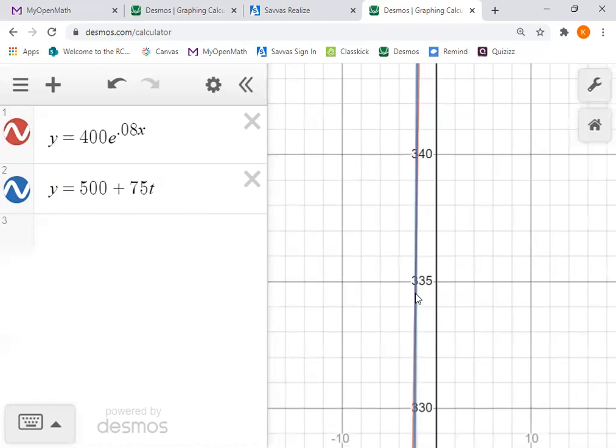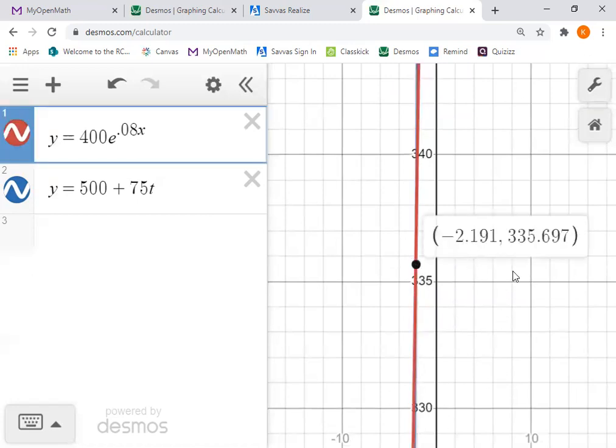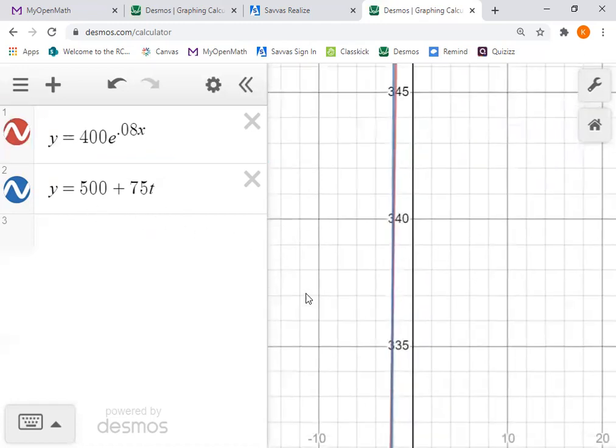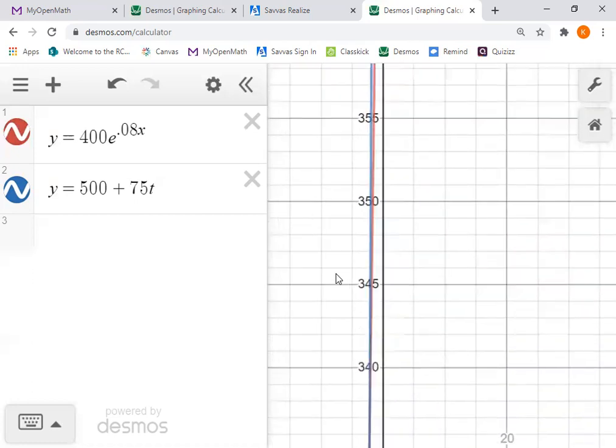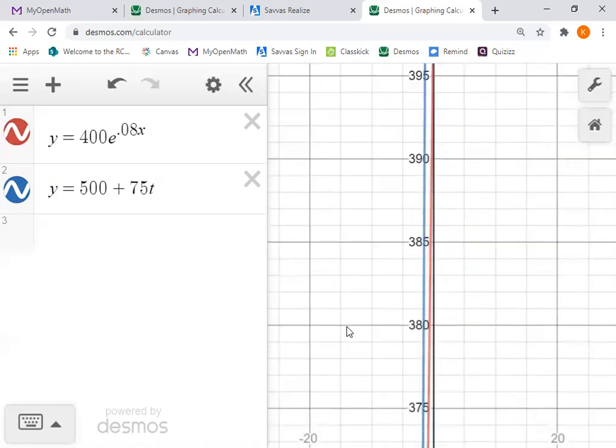But if I click here somewhere, I should be able to tell what that point was. Negative 2.191, 400 e to the 0.07x, and 575t. And if you keep going up here, they keep getting farther and farther apart, so they're not going to intersect again.